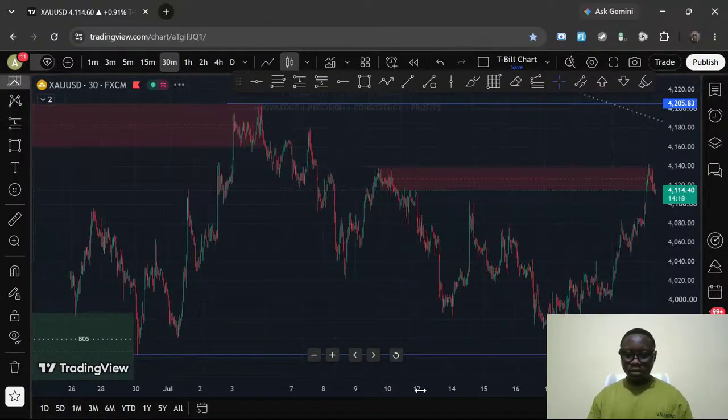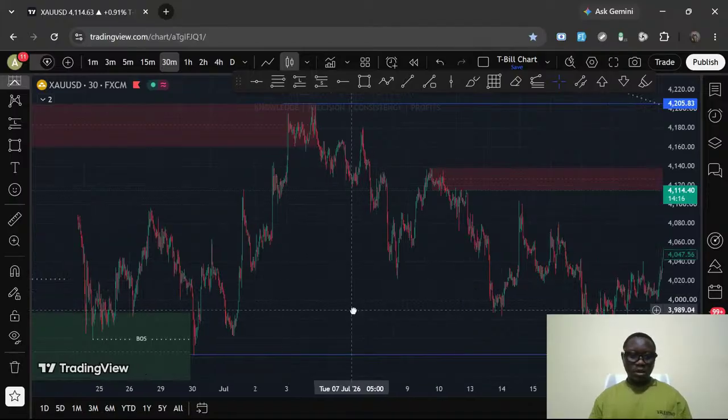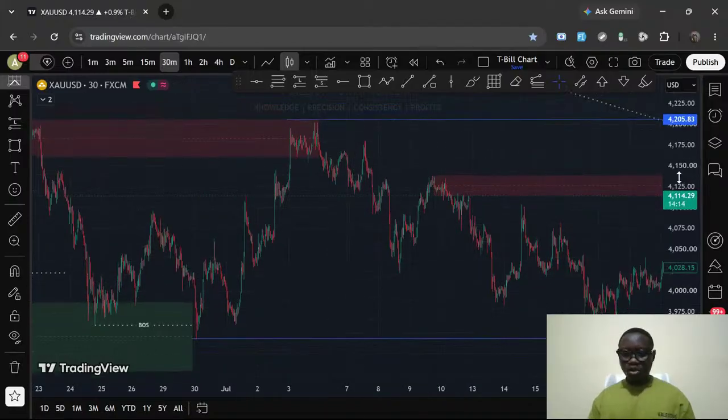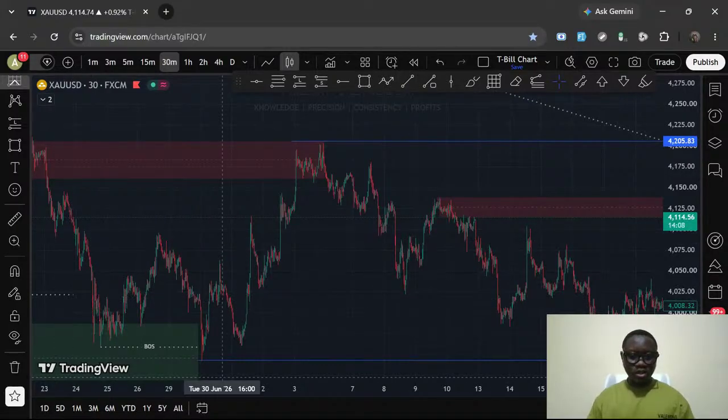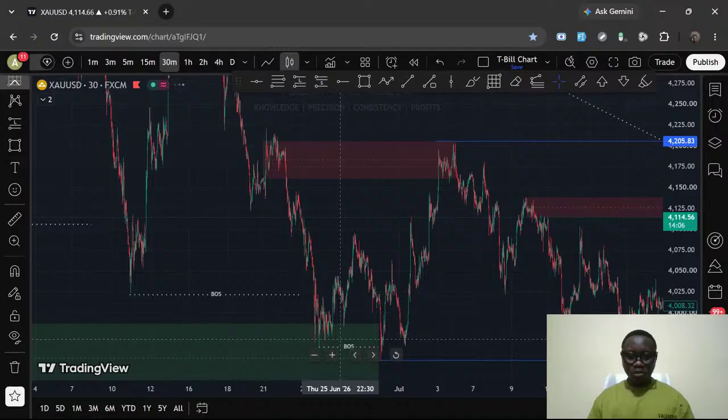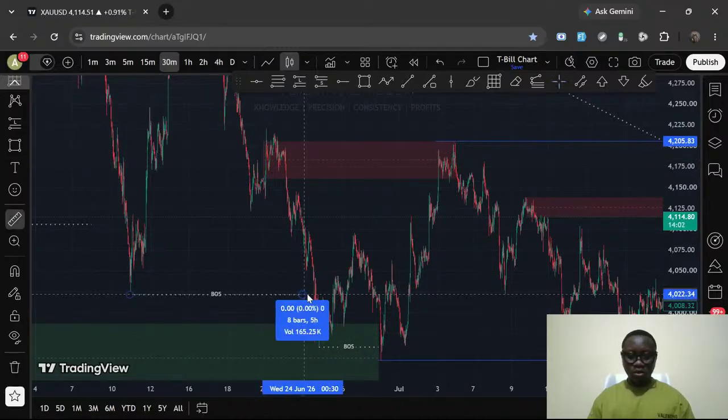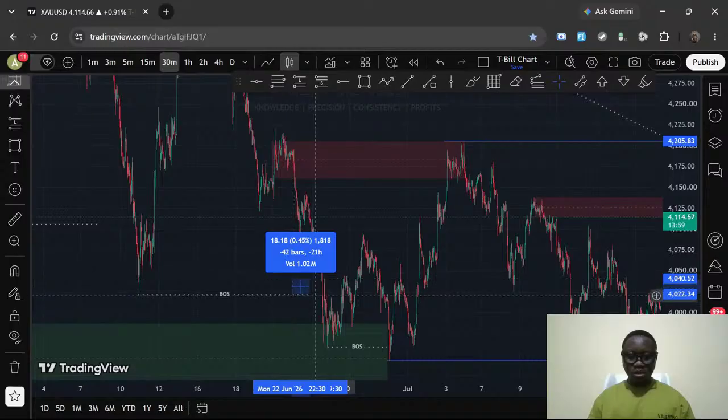So we got this break of structure. This is the last break of structure. When price broke this structure right here, it pushed back to this zone.